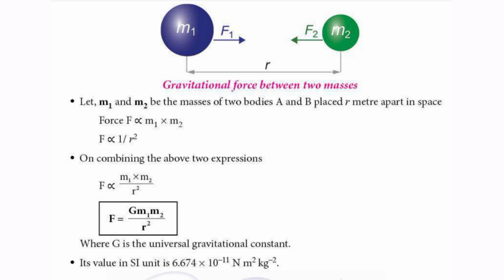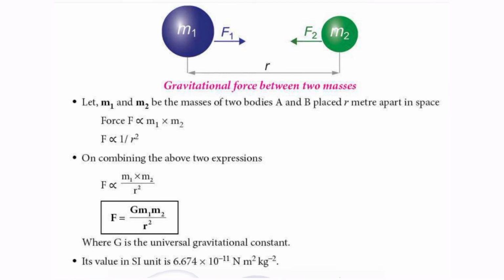On combining the above two expressions, F is proportional to m1 into m2 by r square. F is equal to G into m1 into m2 by r square, where G is the universal gravitational constant. Its value in SI unit is 6.674 into 10 power minus 11 newton meter square kilogram to the power minus 2.